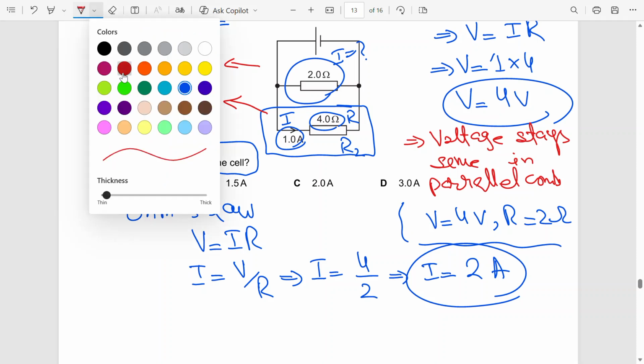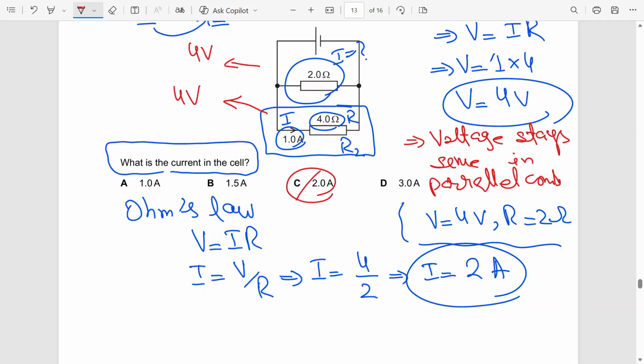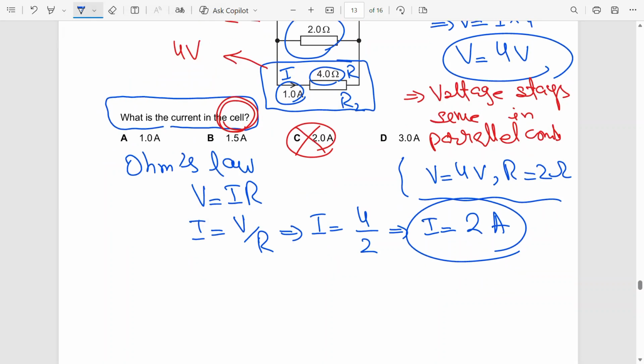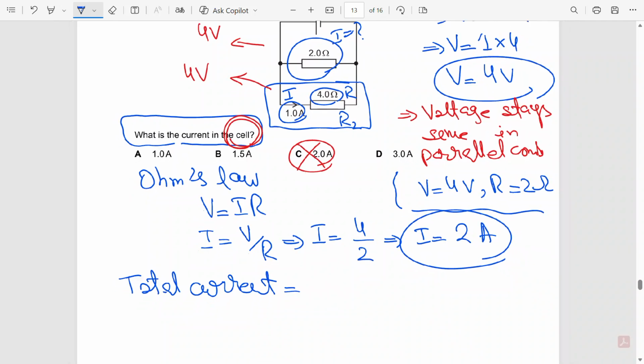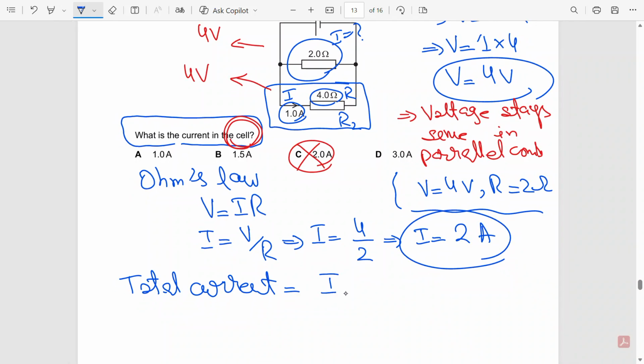Few students will mark 2 ampere right here, but it's not the correct option. He has asked you what is the value in the cell. The cell will be considered as the complete circuit. So the total current will be equal to the current from your 2 ohm resistor plus the current from your 4 ohm resistor.